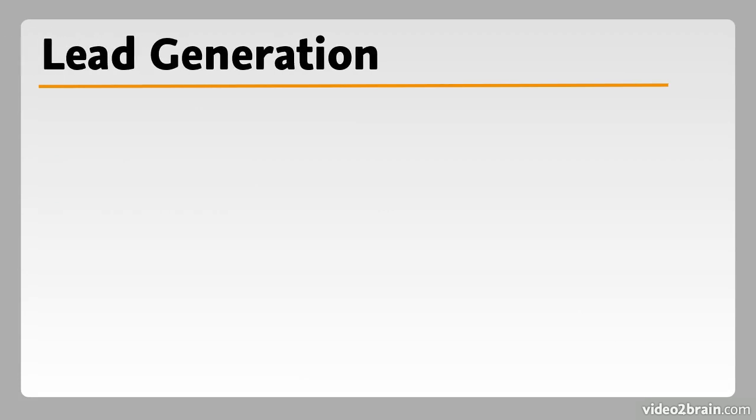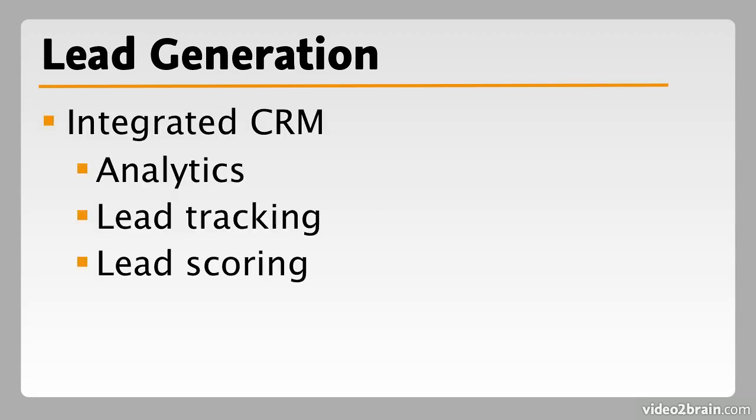And so that's why I always recommend for lead generation websites that you have an integrated customer relationship management tool. Something that will integrate with your analytics, something that will integrate with your lead tracking, and will enable you to score leads and help salespeople understand how to better approach the leads.